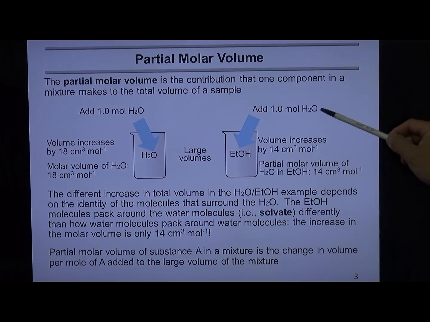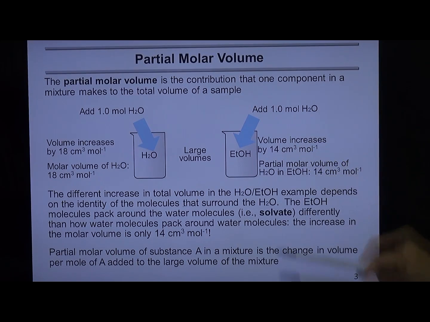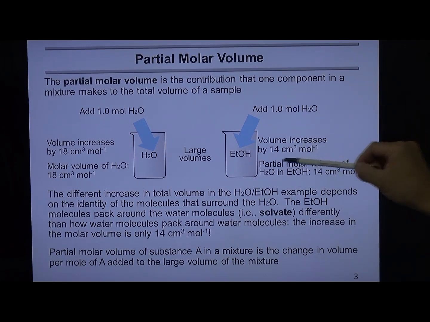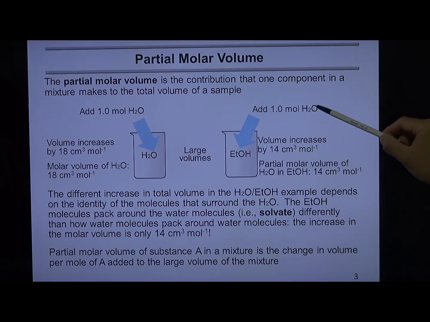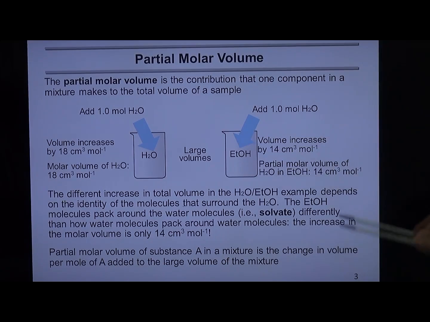And we add the same amount, 1 mole of H2O, to a large amount of ethanol. And we observe by experiment that volume only increases by 14 cubic centimeters per mole by adding 1 mole of H2O. Total volume increases by 14 cubic centimeters, which means that the partial molar volume of water in a large amount of ethanol is 14 cubic centimeters per mole.